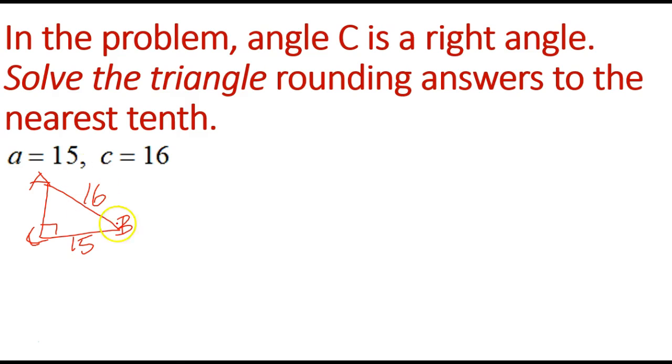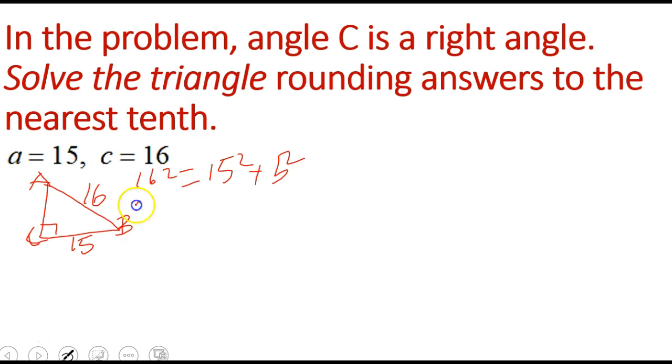Again, we're going to use the Pythagorean theorem to find B, that side there. C is the hypotenuse, so it's going to be 16 squared is equal to 15 squared plus B squared.